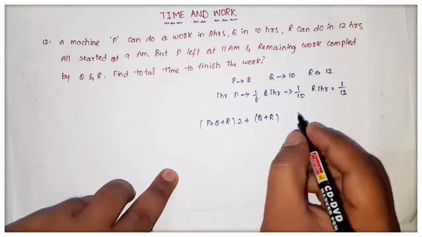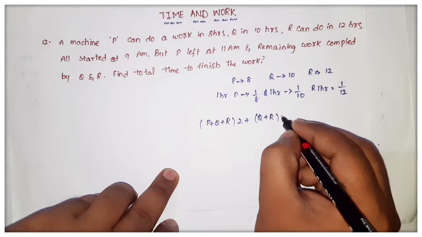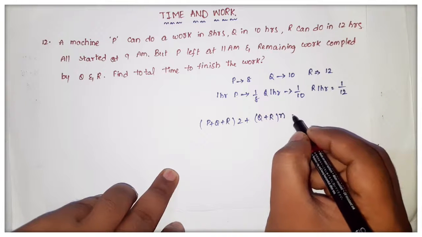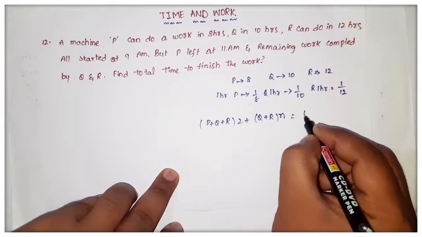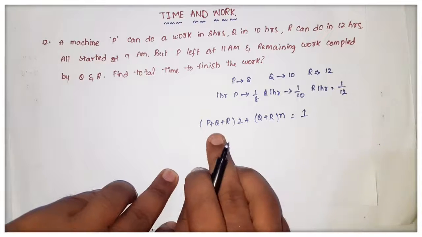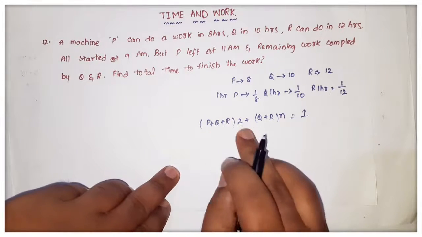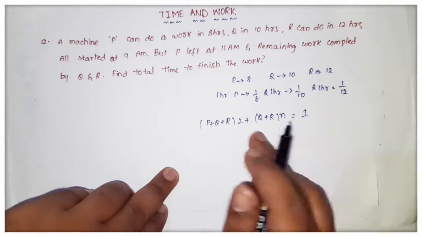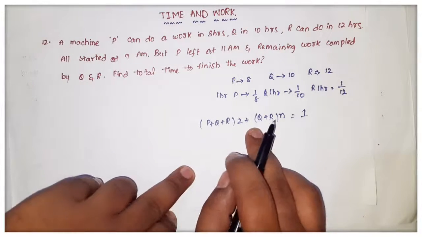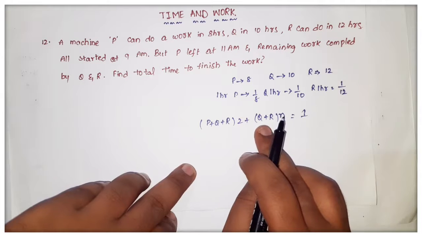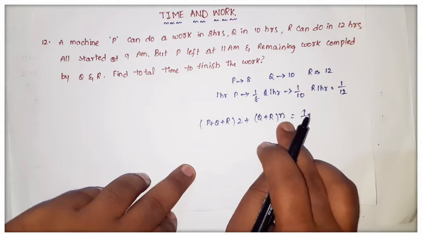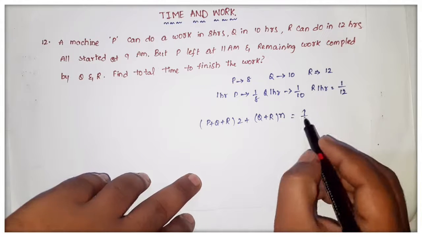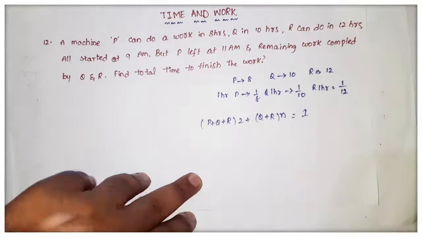So what is the time they have worked together? We need to find out. Let us say that is N, which will be equal to the total amount of work done. Work done per 1 hour by all three into 2 hours, 11 minus 9 equal to 2 hours, plus work done by Q and R together into N hours, which we are going to find out, equals the total amount of work done, 1.